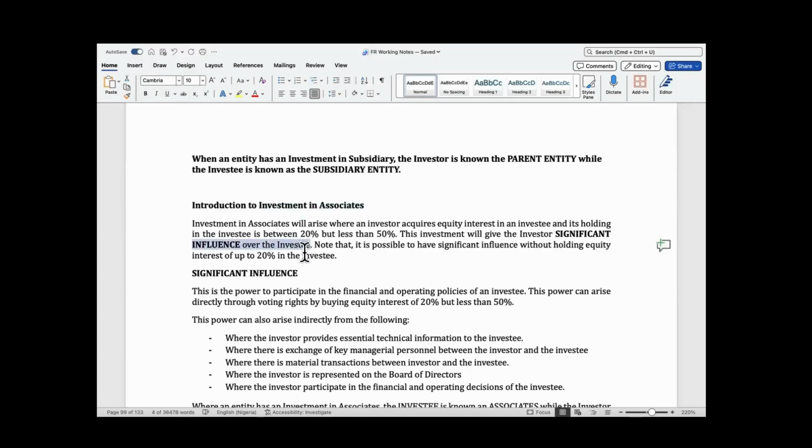And again, you can have significant influence even if you don't have up to 20%, just like you can have control even if you don't have up to 50%. The same thing applies here.